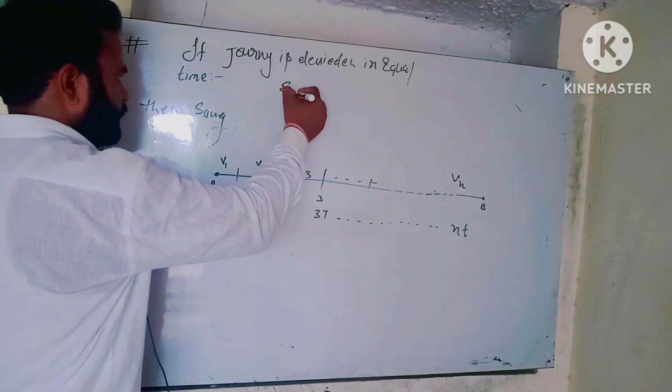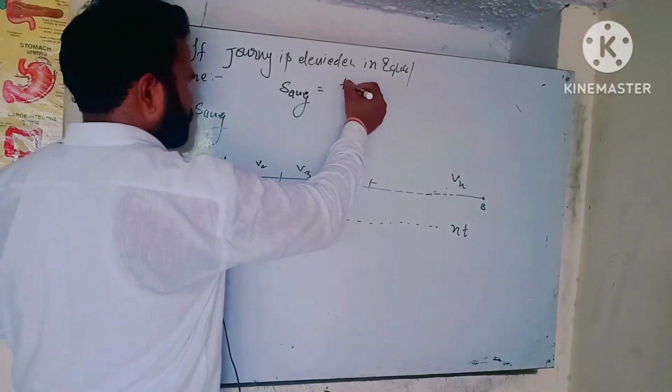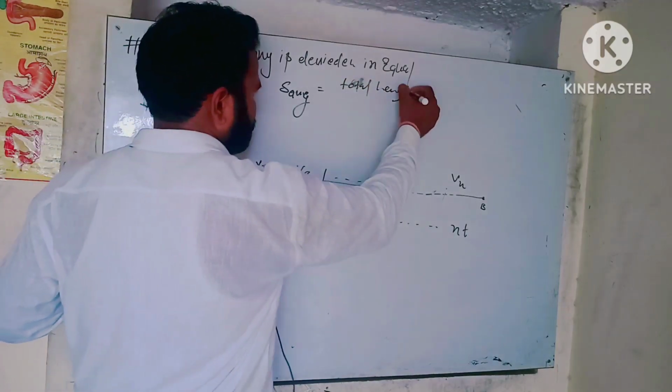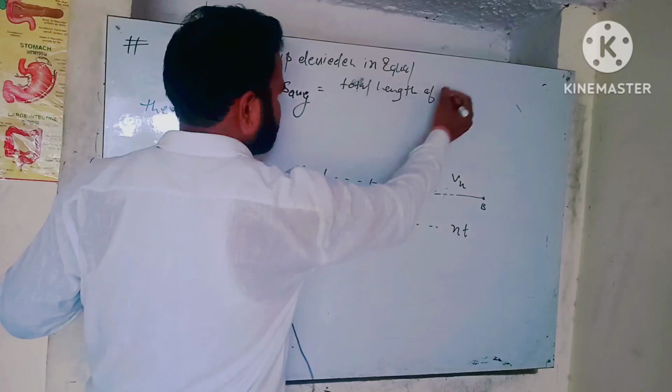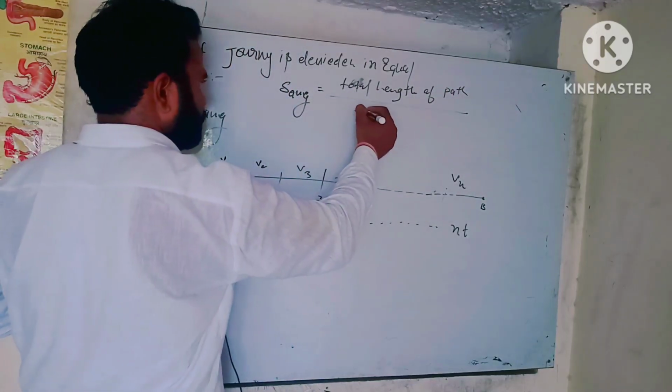Then what is the average speed? S average is equal to the total length of path divided by the total time interval.